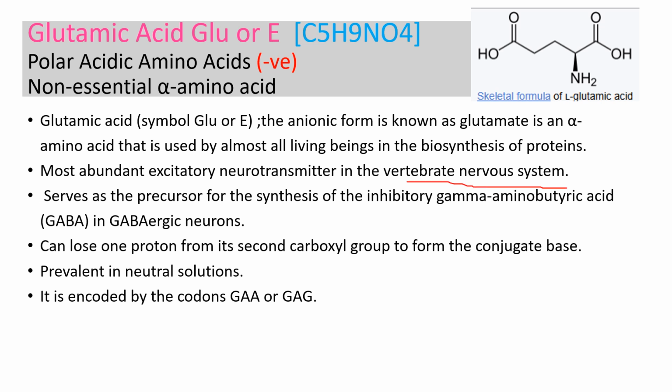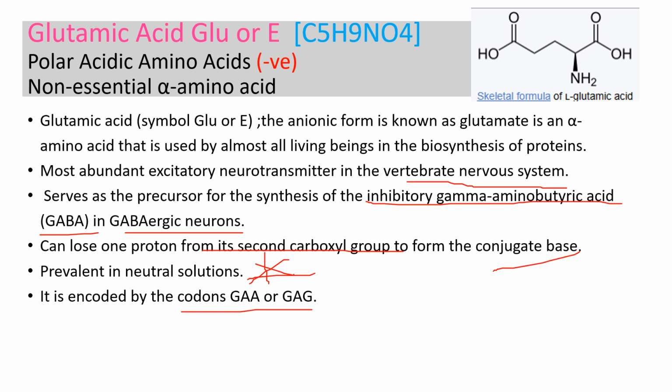It serves as a precursor for synthesis of the inhibitory gamma-aminobutyric acid, GABA, in GABAergic neurons. It can lose one proton from its second carboxyl group to form the conjugate base, prevalent in neutral solutions. It is encoded by GAA or GAG.